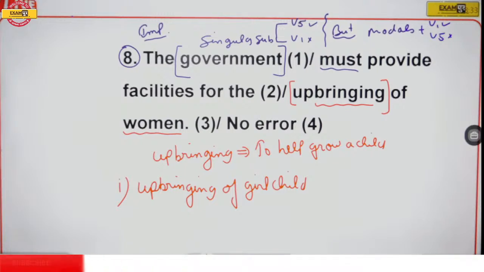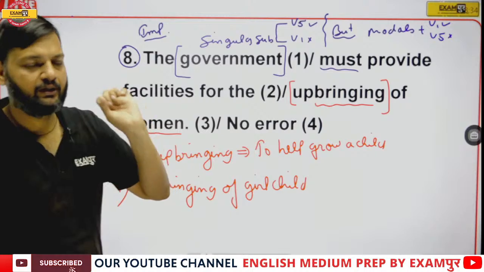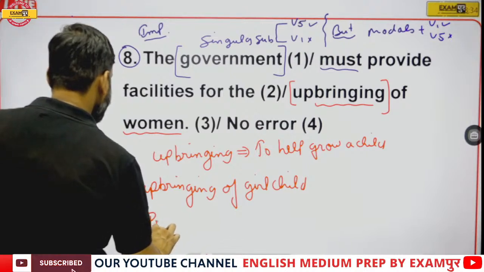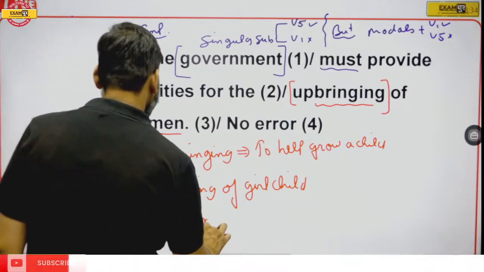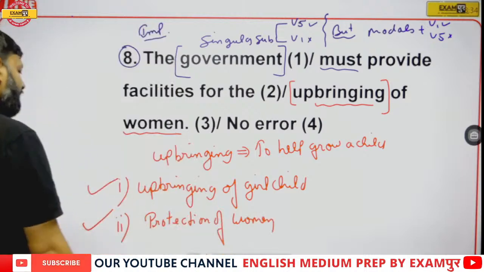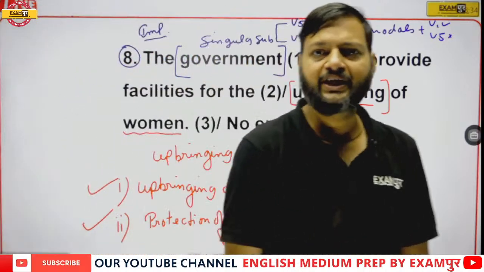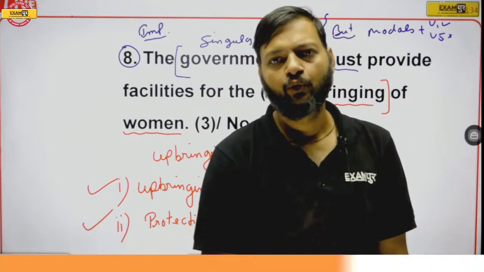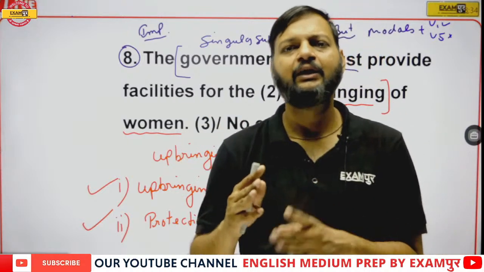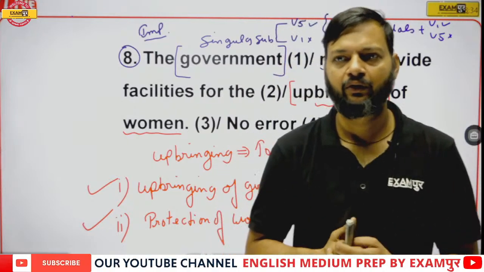Either change the word women into girl child because upbringing is always related to children, or, if you want to keep the word women, change upbringing into protection of women. So both the answers can be right.